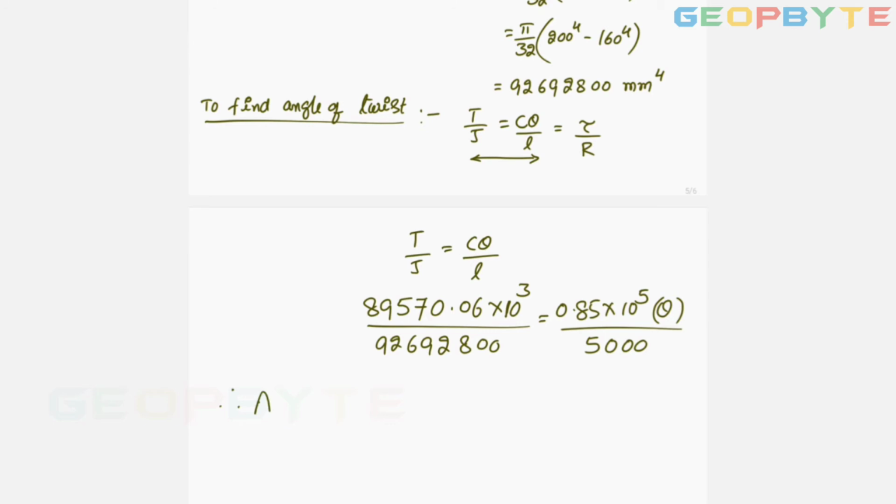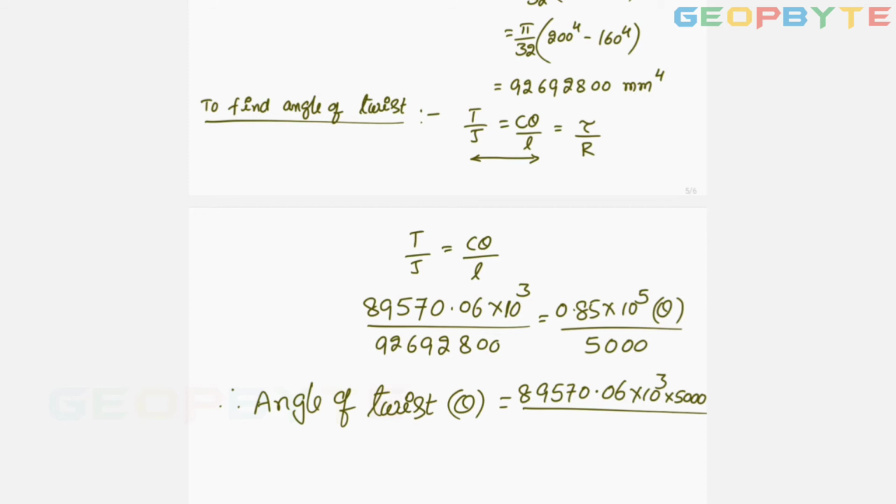Therefore angle of twist theta equal to 89570.06 into 10 power 3 into 5000 divided by 92692800 into 0.85 into 10 power 5. You simplify this value for getting the angle of twist.